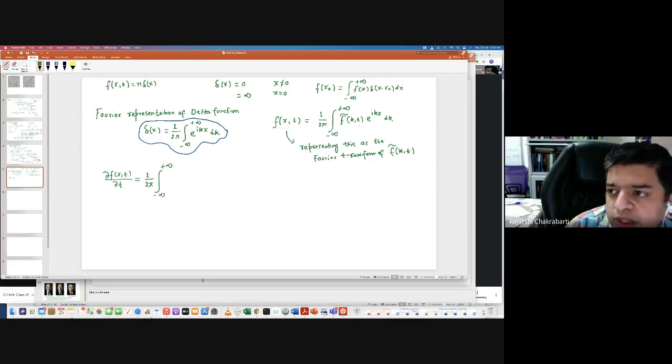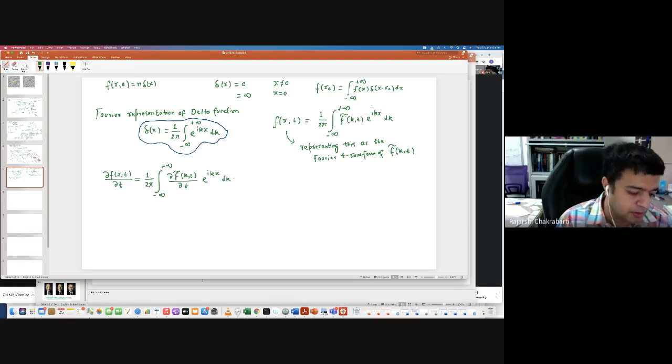The time dependence is only here in f tilde k comma t. So I have to take a derivative of this quantity with respect to time. Is this clear? It's a very simple thing.